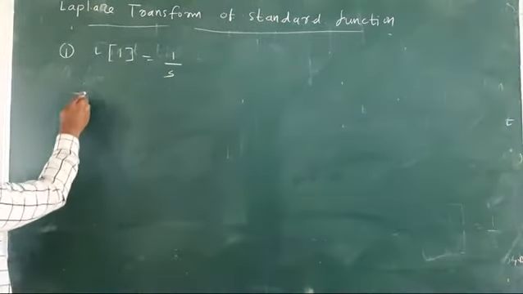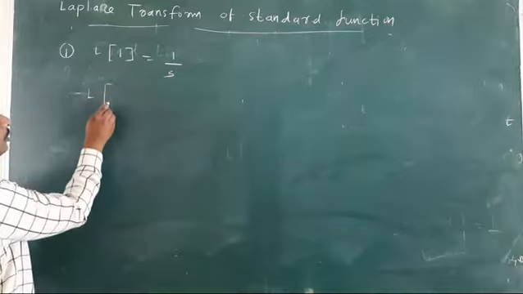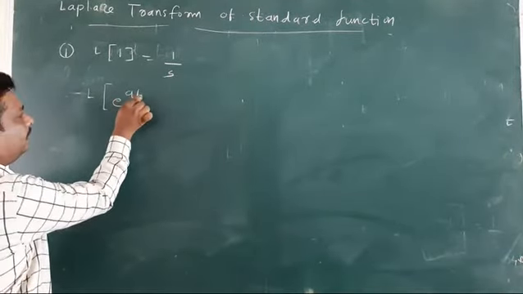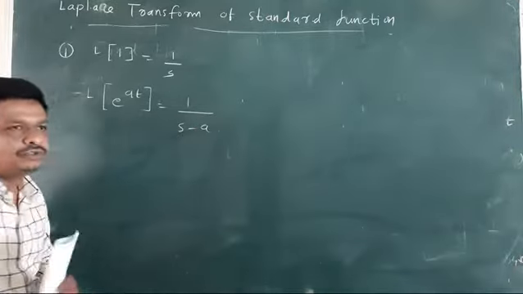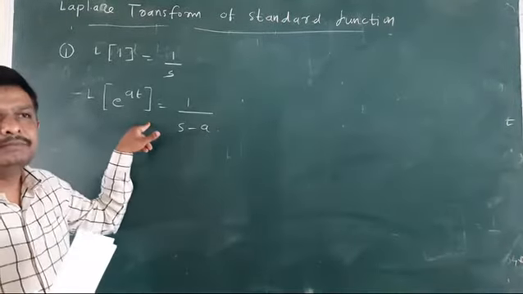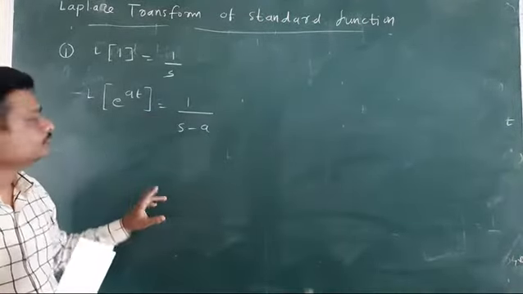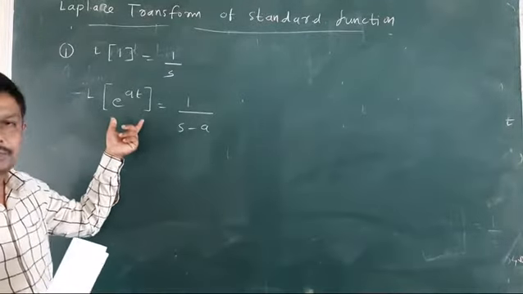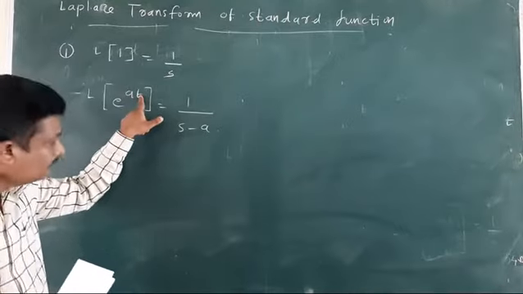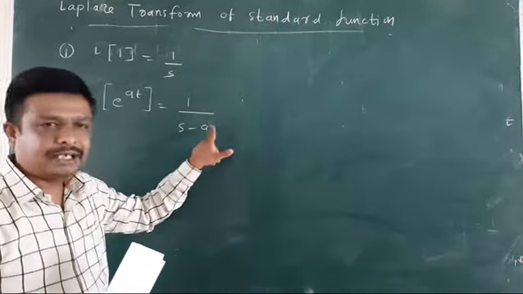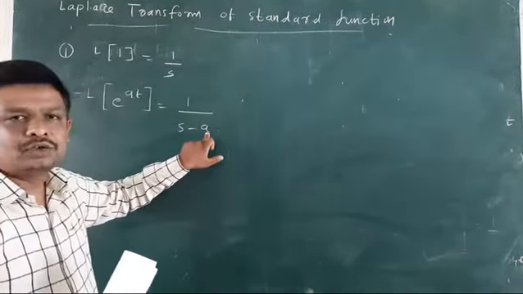Similarly, I can prove Laplace transform of e to the power of at is equal to 1 upon s minus a, using the definition. So I am writing the formula directly here. Here a is a constant value.